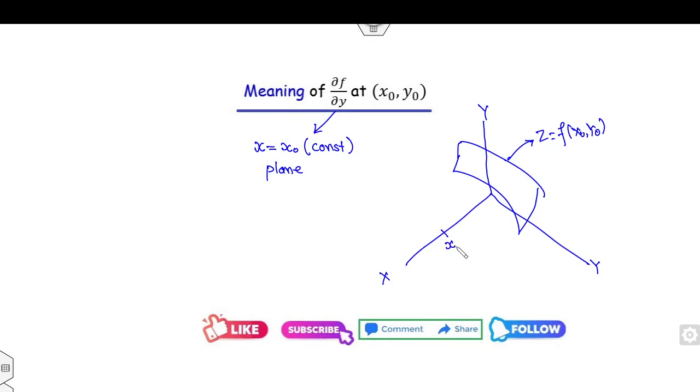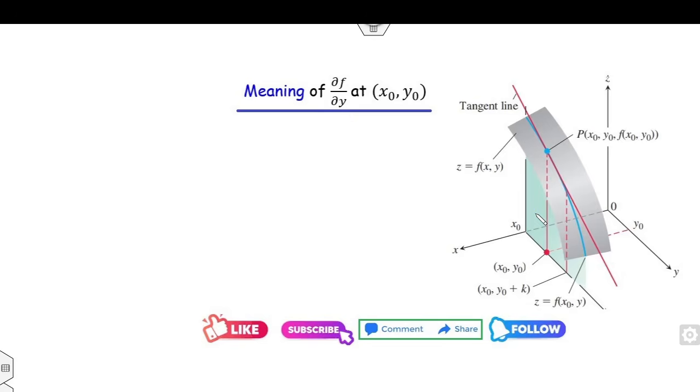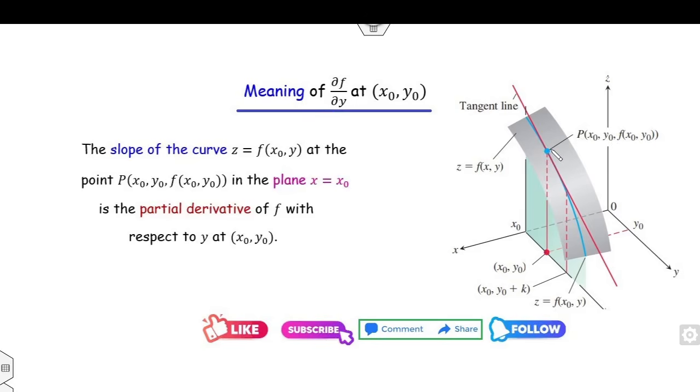When you take x equal to x naught constant, the plane will be the yz plane. So you can define the tangent at the point x naught, y naught, and the rate of change at this point P is known as the partial derivative of f with respect to y.